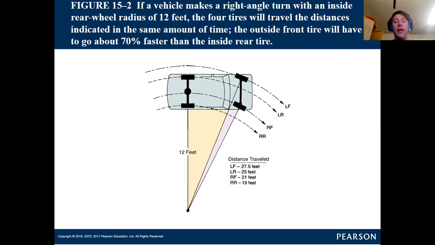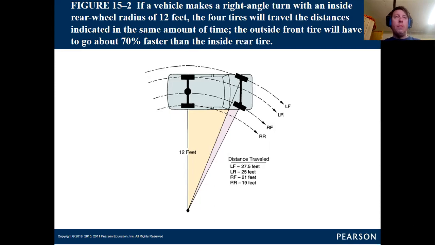What I mean by that is, we've already discussed differentials, and we understand now at this point that differentials allow for the inner wheel and the outer wheel of an axle to spin at different speeds while transferring power flow.